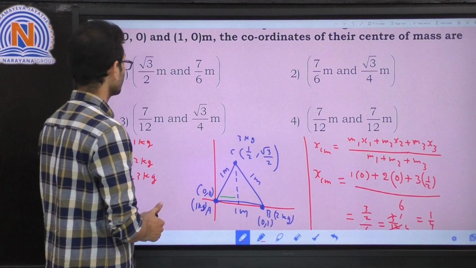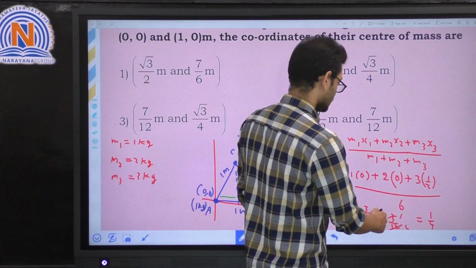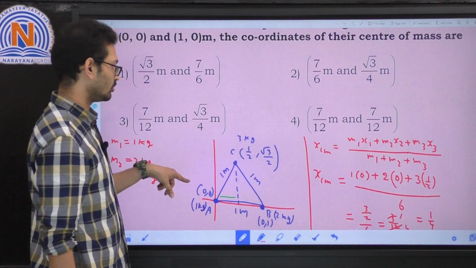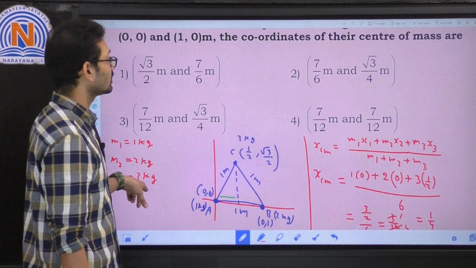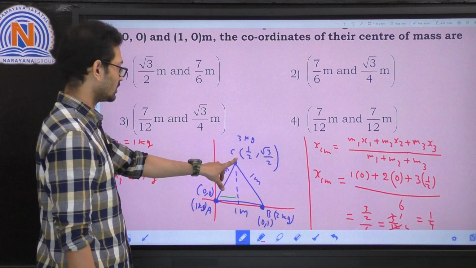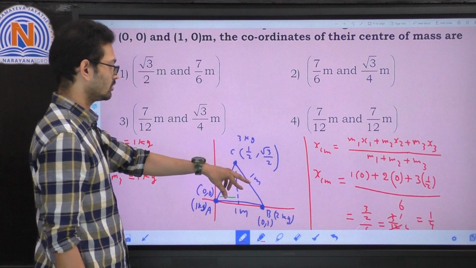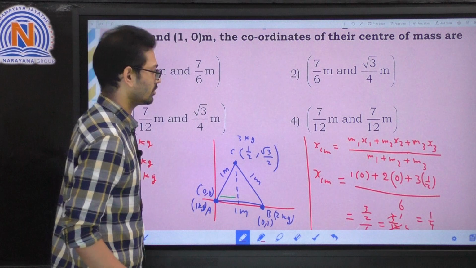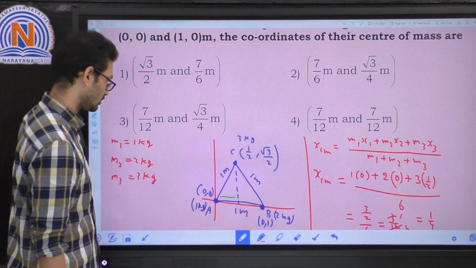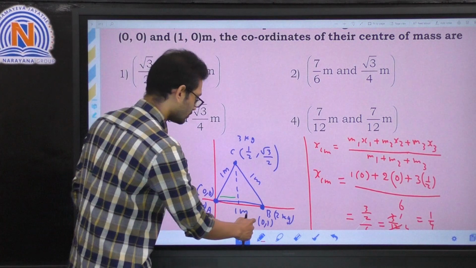Sorry, it's not 3/12. Just a minute. M1 is 1, 2, and 3, and x3 is 1/2, so 3/2. And x2 is 1, 0.